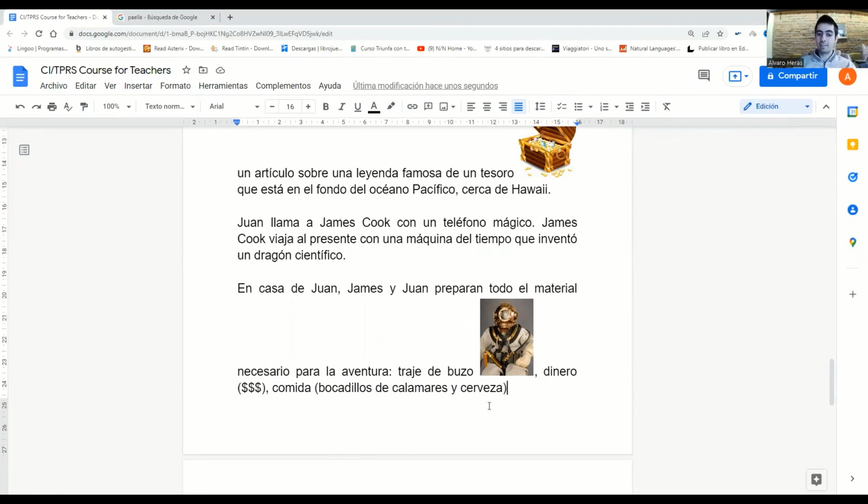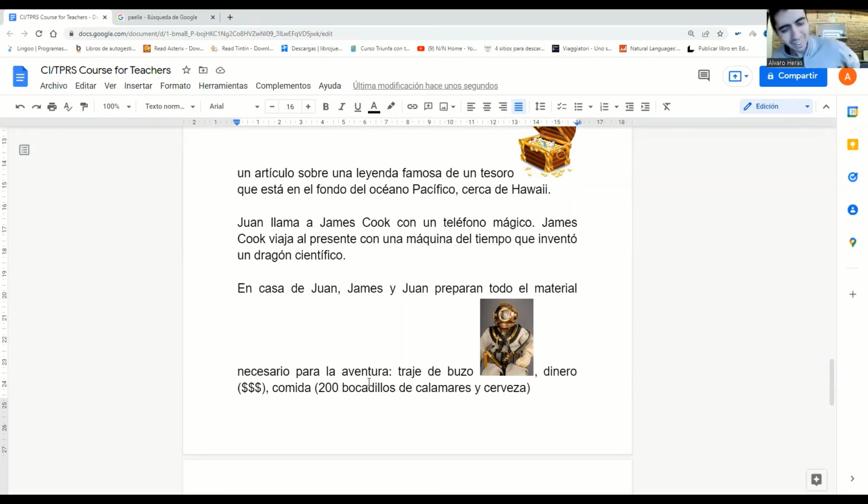And they need, again, sorry, as you're creating the story, you can also introduce little quick bizarre details. So they need 200 bocadillos de calamares, for example.